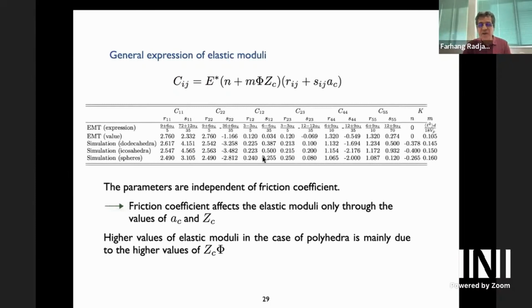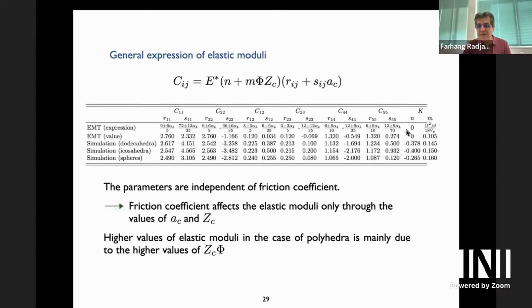Here we have tabulated the coefficients for EMT and also our simulations of dodecahedra, ellipsohedra, and spheres. We also have put that for octahedra. But as you can see, some of these coefficients are very similar. For example, for R11 here, from EMT, we have 2.7, and in our case, it is 2.6, 2.5, 2.4. So you see that they are quite close.